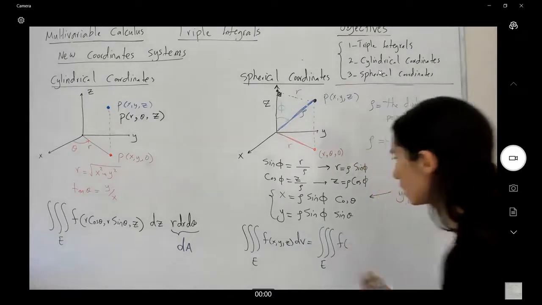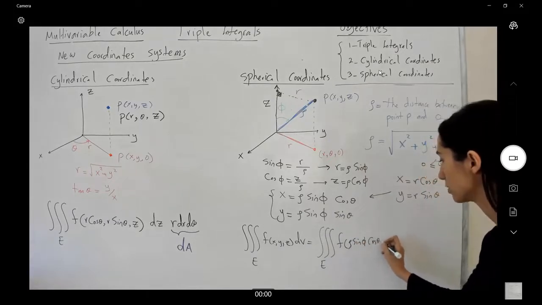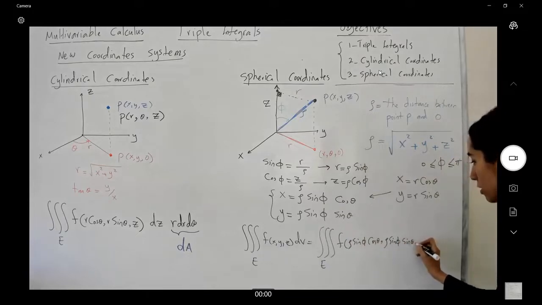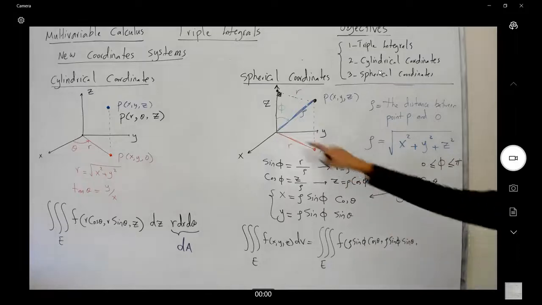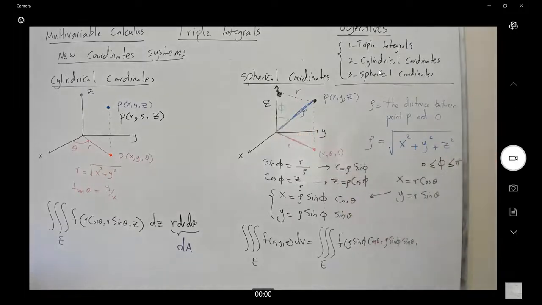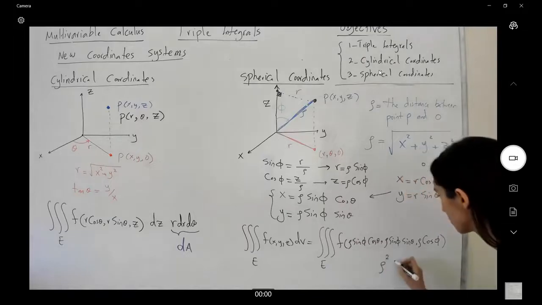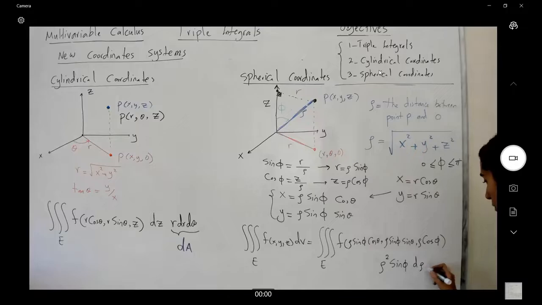F of x is rho sine phi cosine theta, y is rho sine phi sine theta, and how about my z? My z is equal to rho cosine phi. How about your dV? It turns out dV is rho squared sine phi d rho d phi d theta.